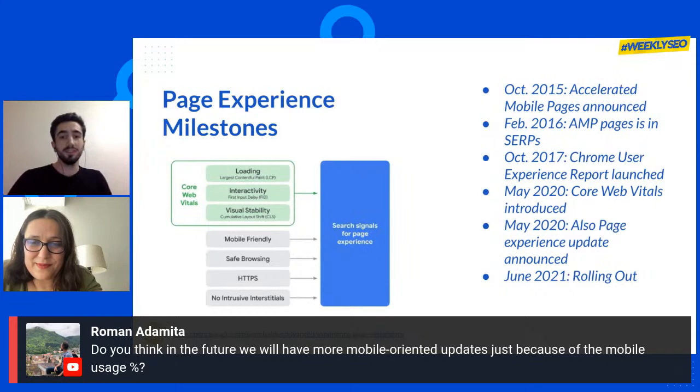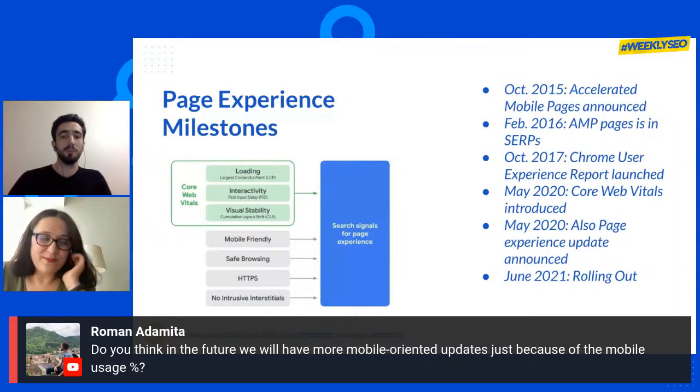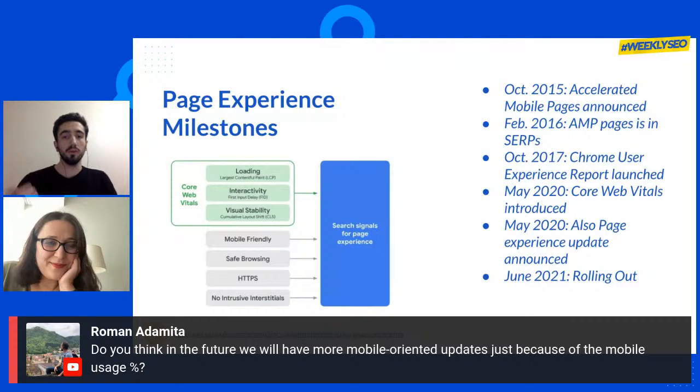But after this I/O, they announced that Core Web Vitals will be more and more important for desktop also. Mobile is more and more important for us, because if you are solving some issues on the mobile side, probably more than 90% will be solved on the desktop side also. Desktop is getting faster and faster.